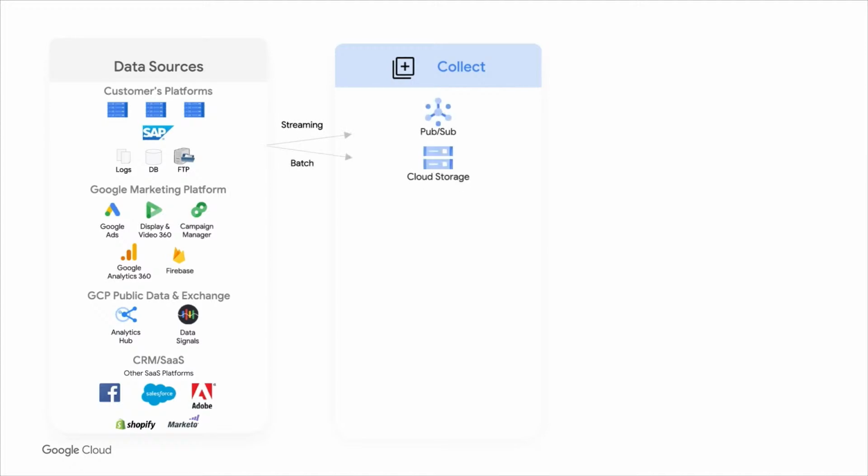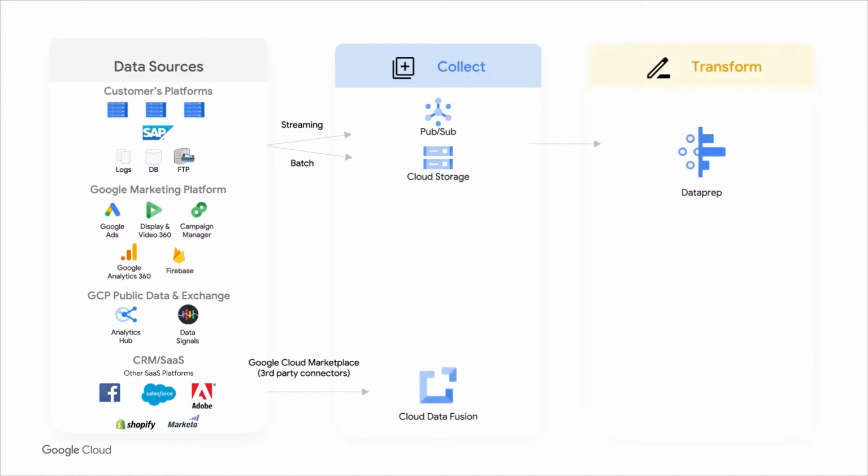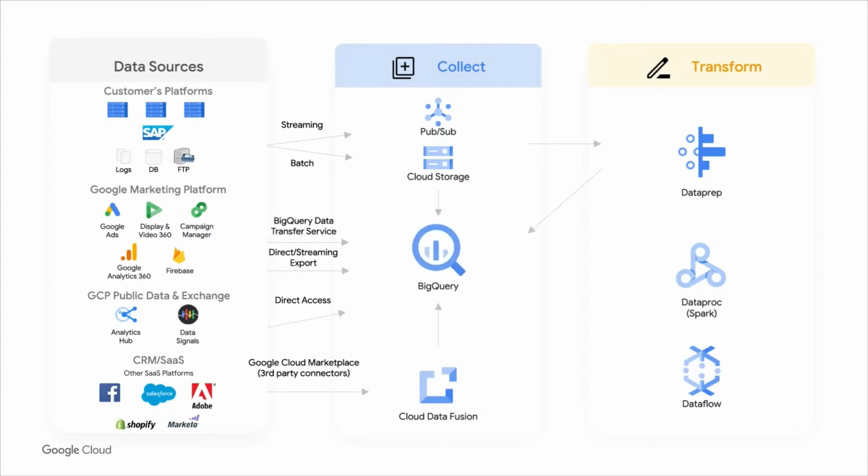It also depends on whether you prefer a graphical interface with drag and drop capability to construct your data pipeline, like Dataprep, Data Fusion, or you prefer a programming approach with Dataproc for Spark or Dataflow for unified Apache Beam that handles both batch and stream. The destination of your data in this step is still BigQuery, as you are ready for the analysis.